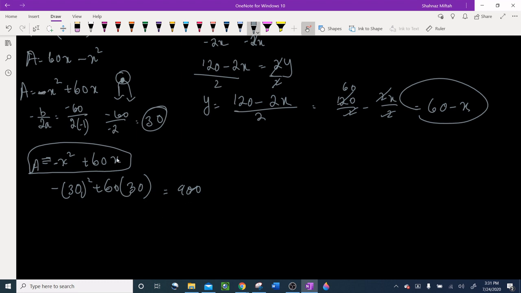So I needed this x, and I got it from negative b over 2a, which is 30. I plugged in the 30 for the x. I don't need a y value for this because this is only x I have here. So I plugged in 30 here and it gave me 900. So this is my maximized area, 900 square feet.